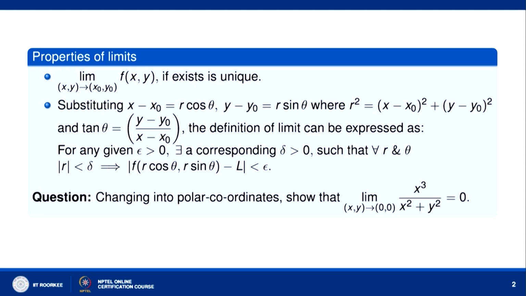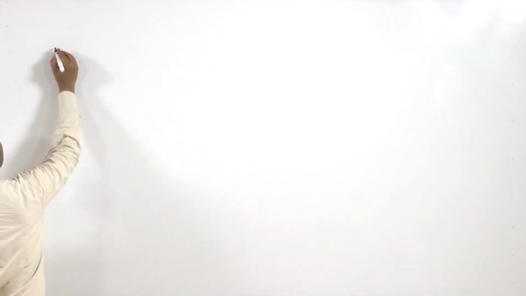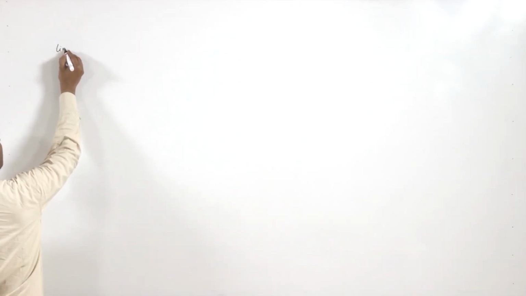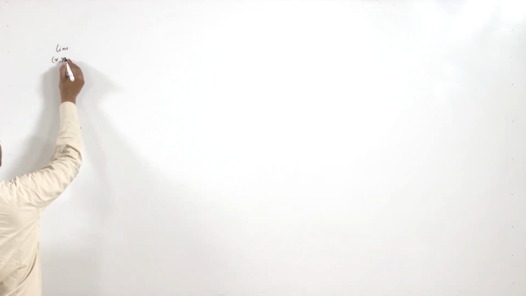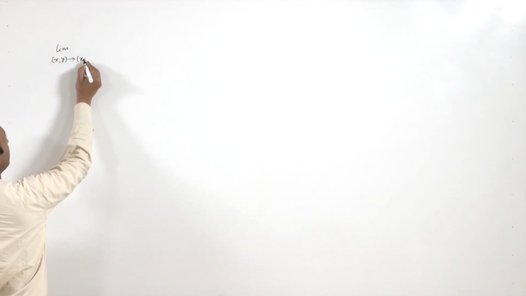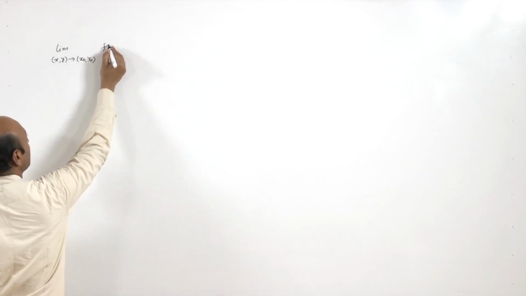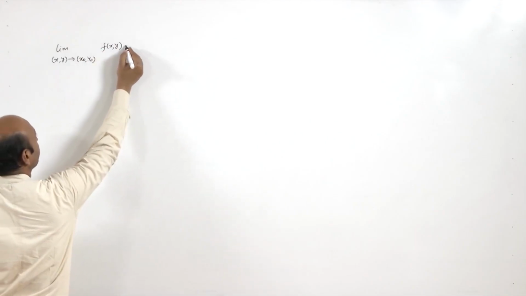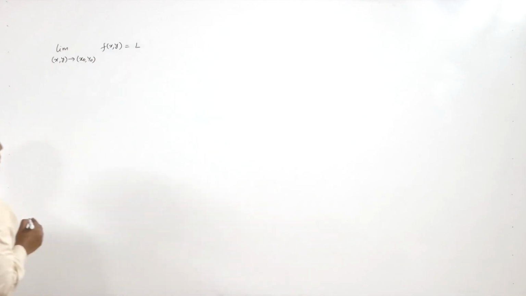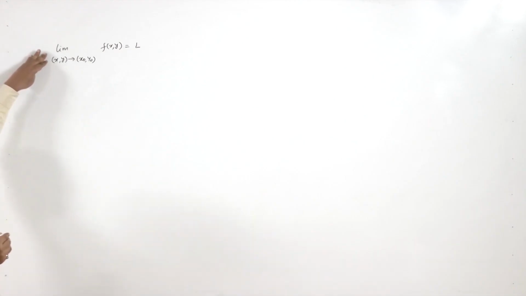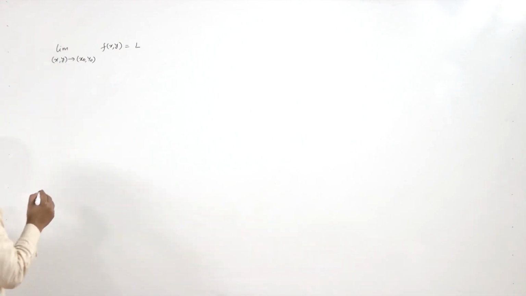The definition of the limit can be expressed in this way. Basically, if we have limit (x,y) tending to (x naught, y naught) f(x,y) equal to L, then to find this limit, another method is to convert this Cartesian coordinate system into the polar coordinate system. So, how can we do that?